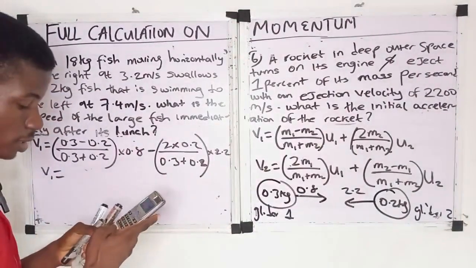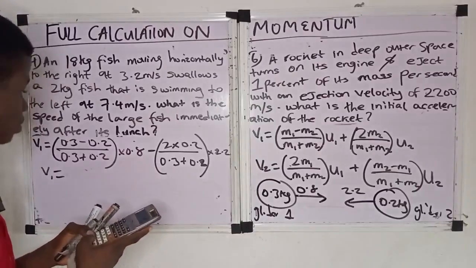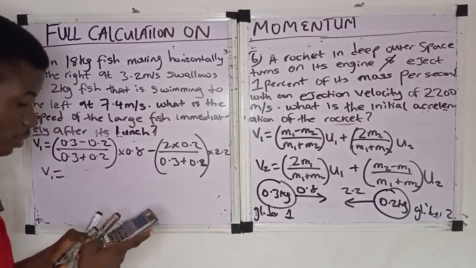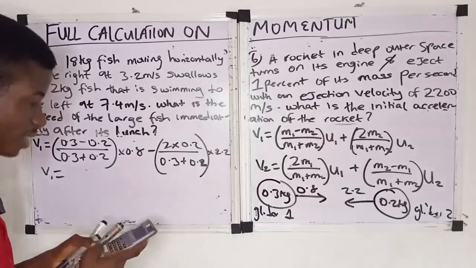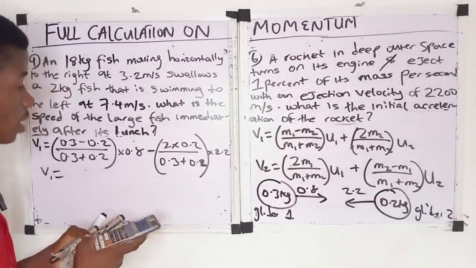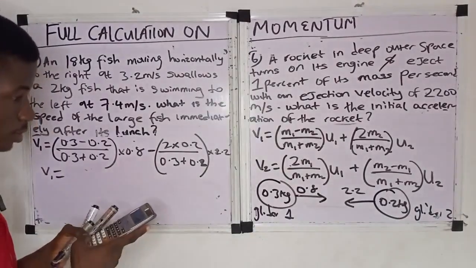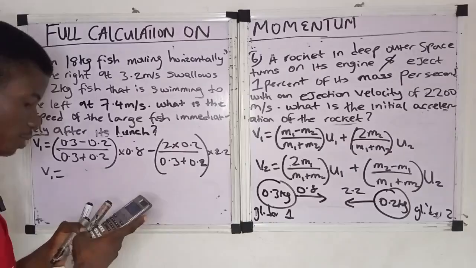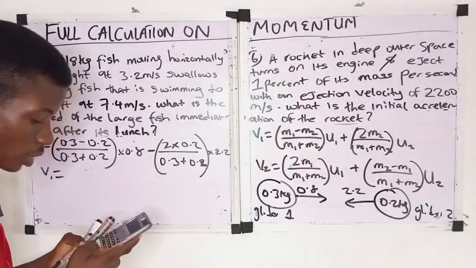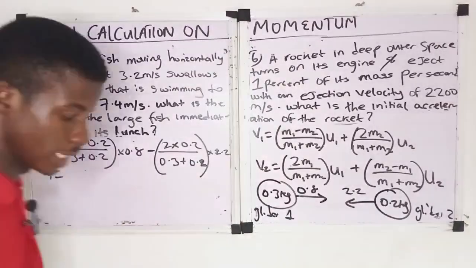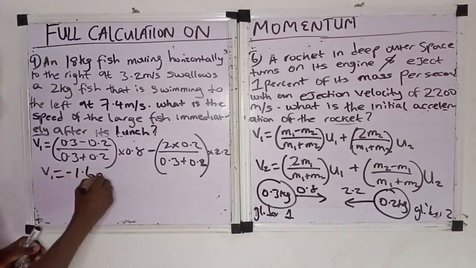Bracket open, bracket open, 0.3 minus 0.2, divided by 0.3 plus 0.2, then bracket close, multiplied by 0.8, then minus bracket open, 2 times 0.2 divided by 0.3 plus 0.2, then bracket close, then times 2.2. If we do everything, we get minus 1.6. So the final velocity V1 is minus 1.6 meters per second.